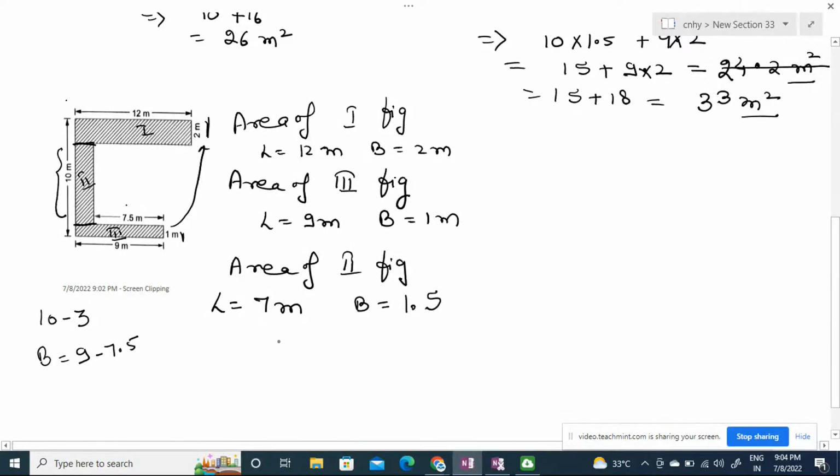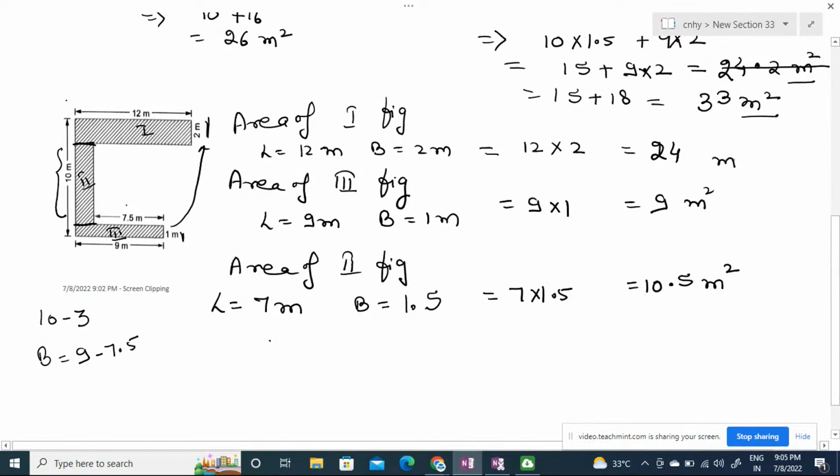So its area becomes 7 into 1.5. The areas are 12 into 2, 9 into 1, 7 into 1.5. After solving, you have to add up all of them. That is 24 meter square, 9 meter square, and 7 plus 1.5, that is 10.5 meter square.